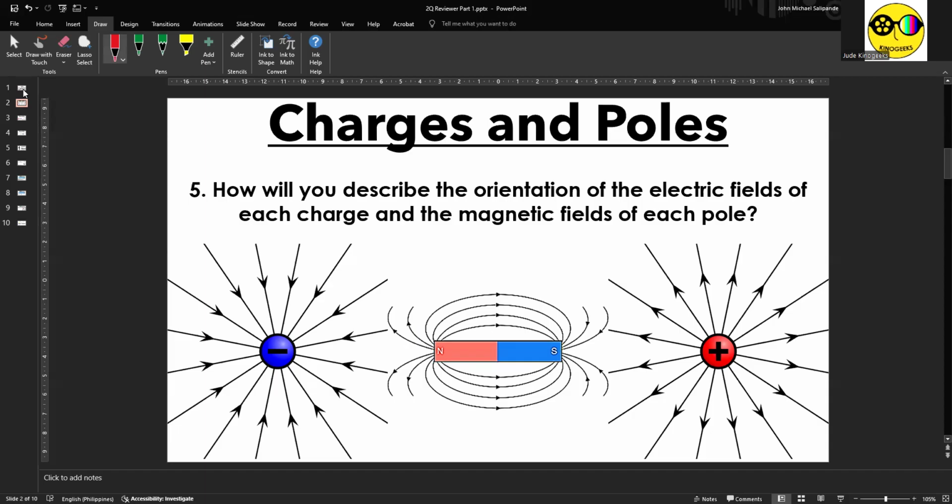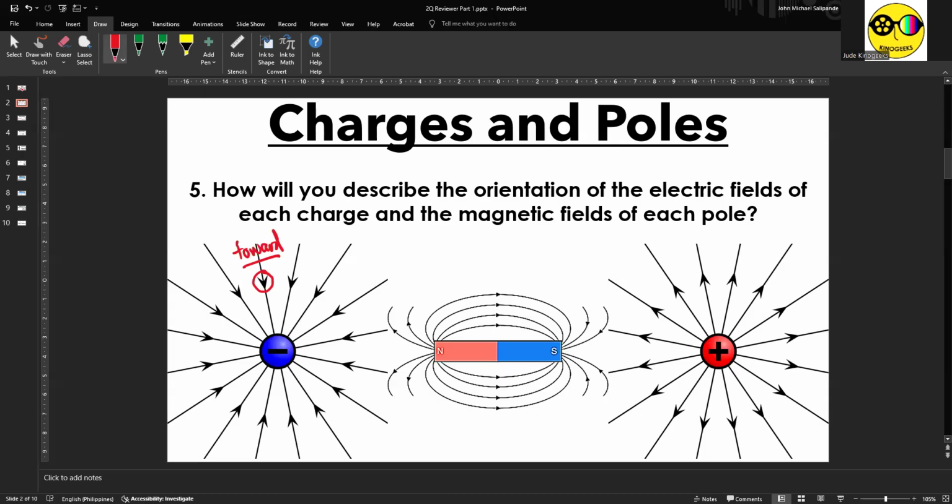So let's start with the negative charge. The negative charge has electric fields oriented toward the negative charge, because if you look at the direction of the arrow, it's pointing towards the negative charge.